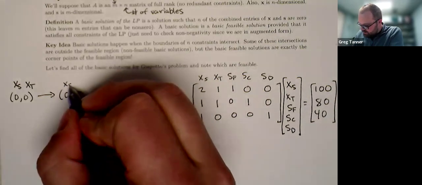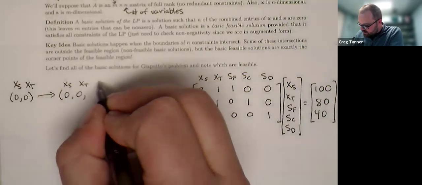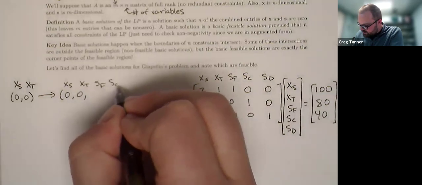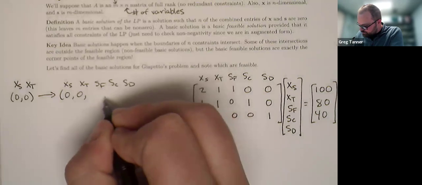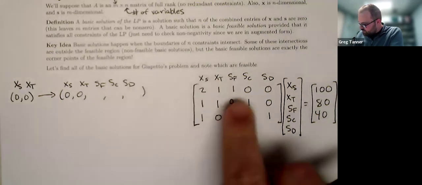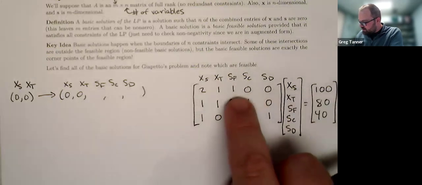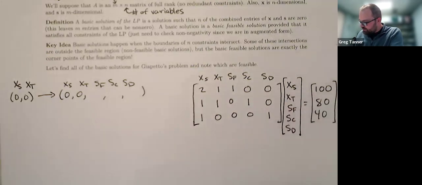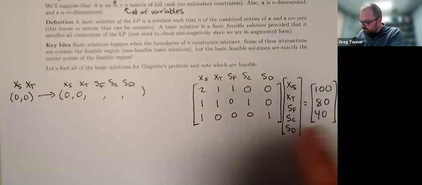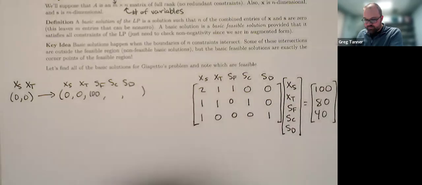So for xs, xt, sf, sc, and sd, I can read off, because I've got 1 here, 0, 0 here, that sf is equal to 100.